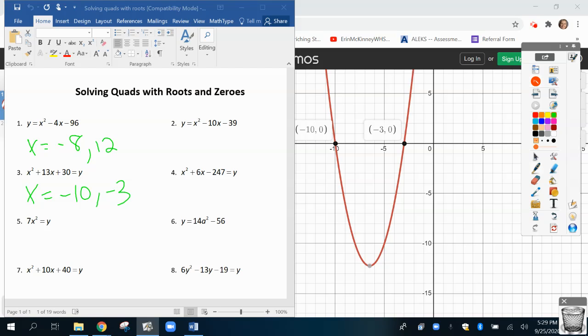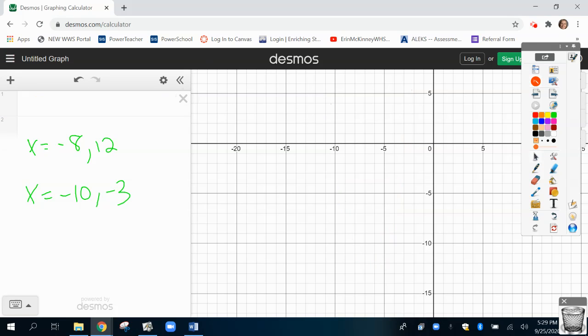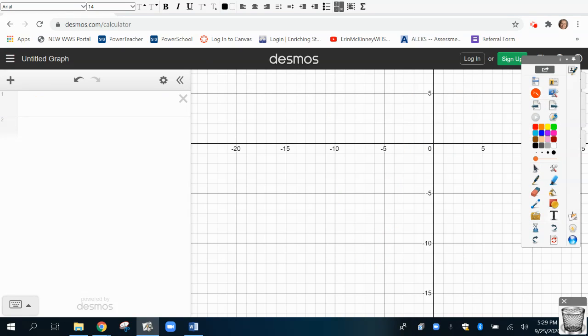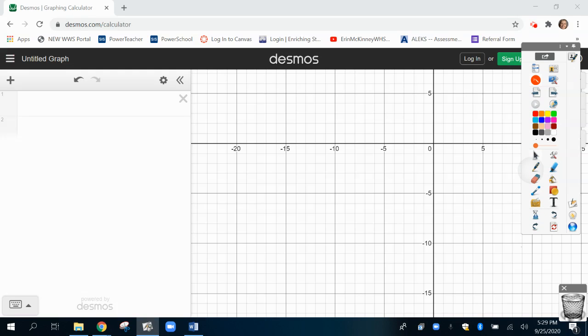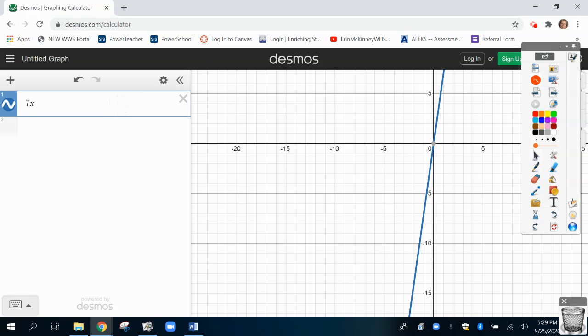There are a couple of things that we need to make sure we consider. For example, if we look at number 5, 7x squared equals y, I'll get rid of that old equation and type in 7x squared equals y.